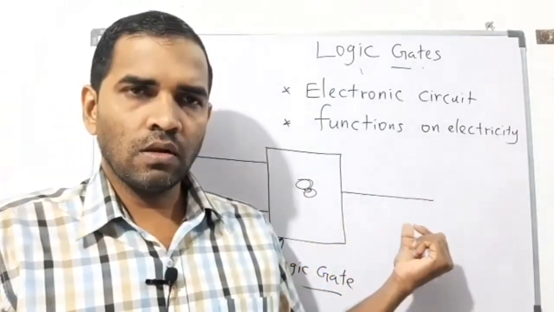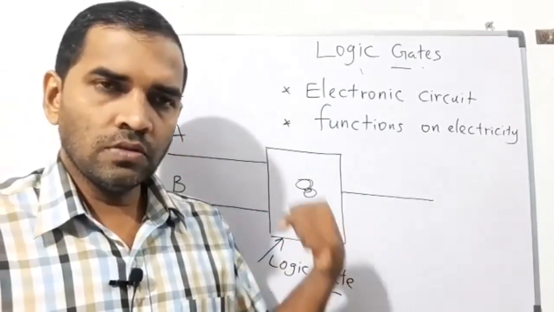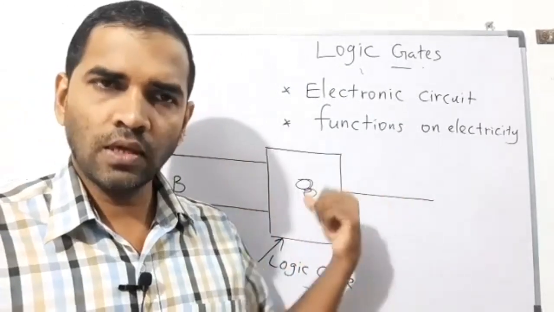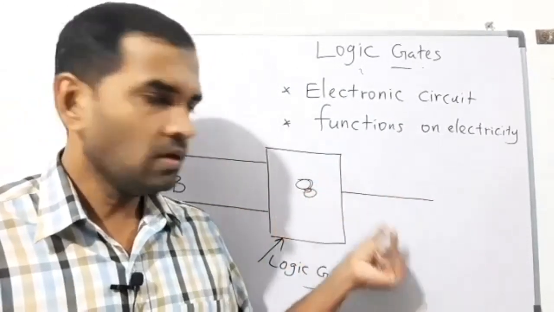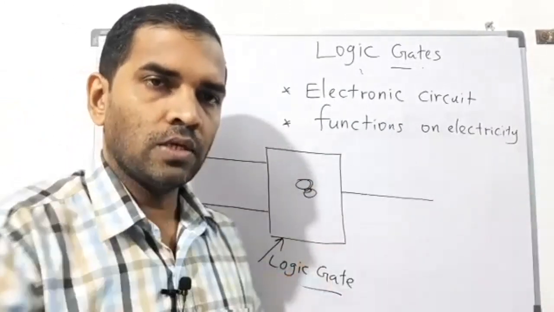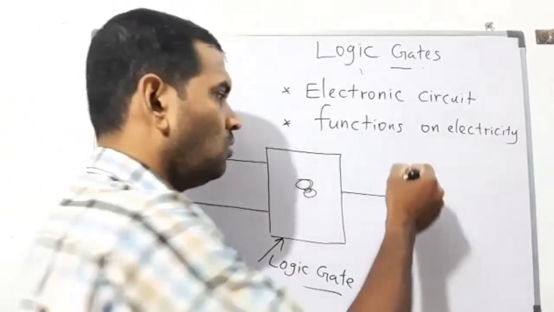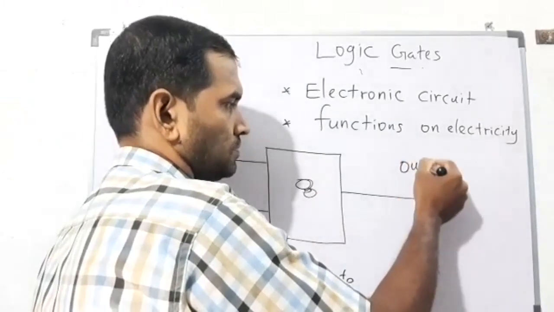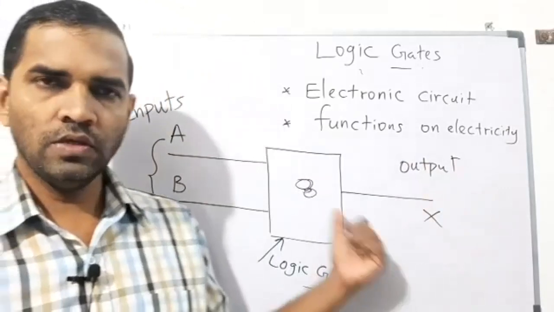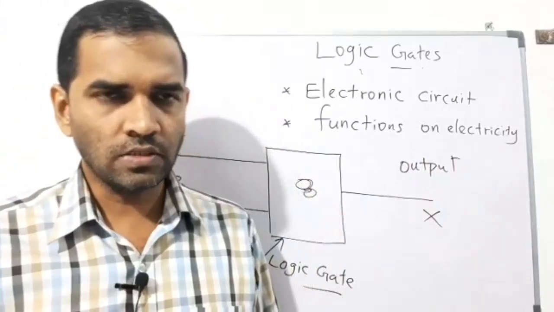This is not an input because this is not used for inputting the electricity to the gate. This is the opposite. This is used for taking the electricity from the logic gate. So this can be called the output. I can name that X or something, right? So in this diagram, X is the output.